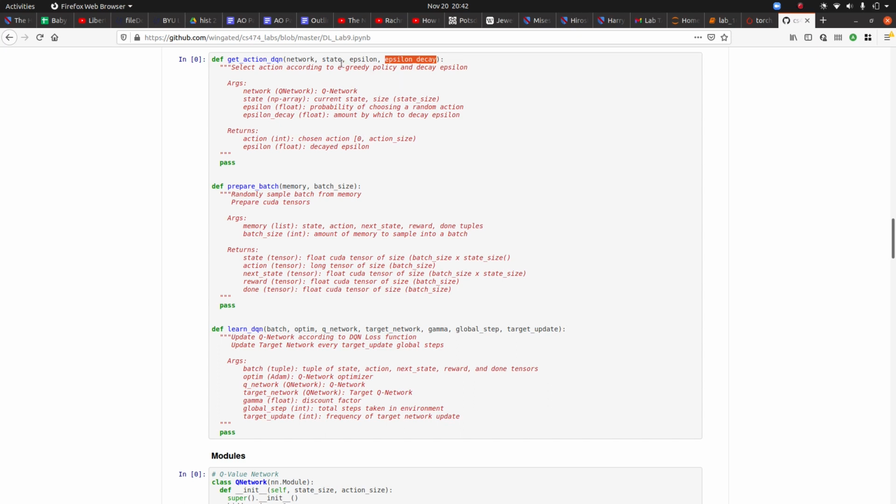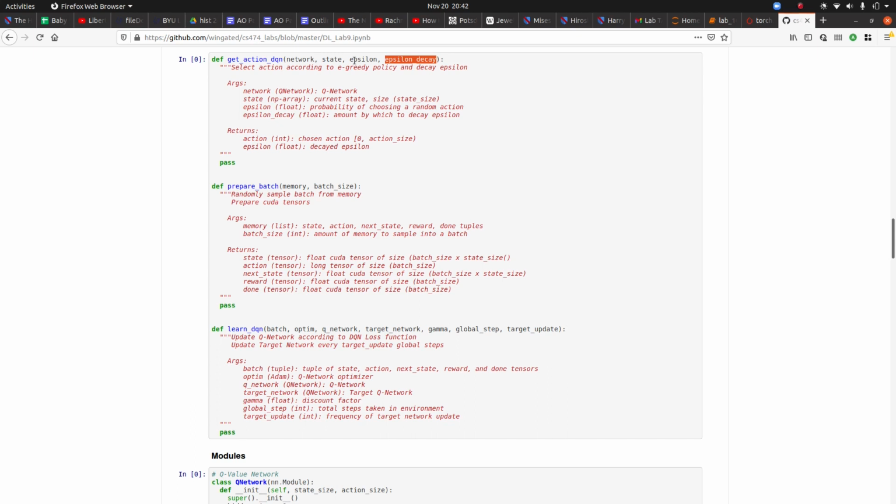And the purpose of that is that we're trying to balance exploitation and exploration. When we take the optimal choice, the argmax of the output, we're exploiting: to the best of our knowledge, this is the best choice.